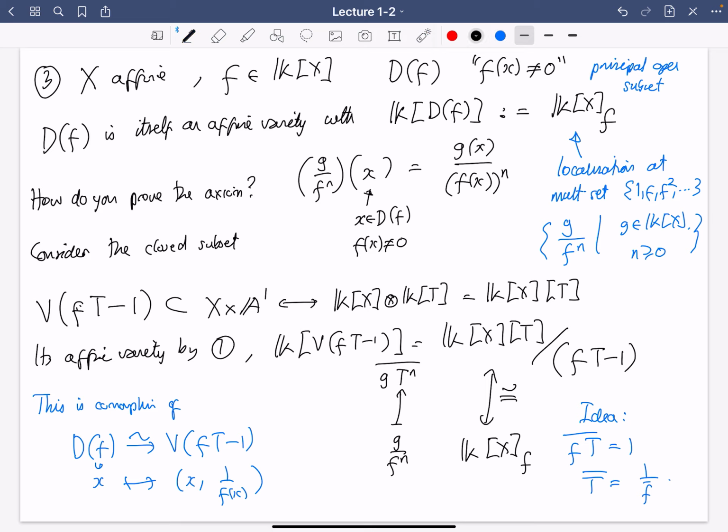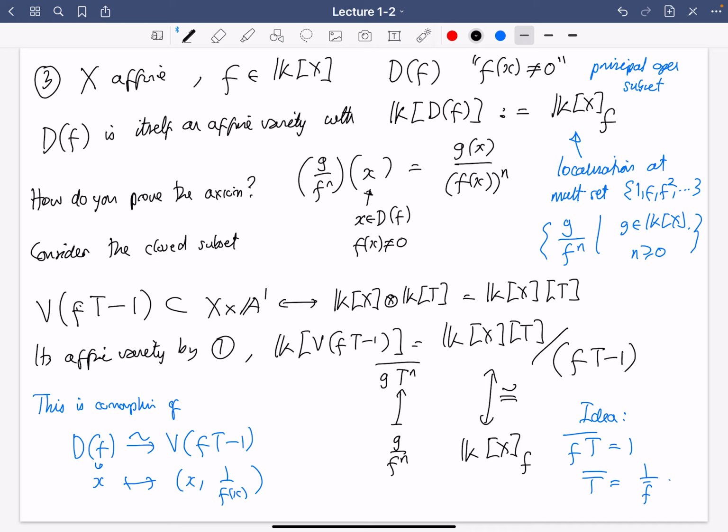Okay, great. So that's my 3 constructions: closed subsets, Cartesian product, and principal open subsets. We've explained how to make all of those into affine varieties in their own right. The last one is probably the most interesting one. It works perfectly for principal open subsets, but in general, if you want to make more general open subsets of an affine variety into an affine variety, well, you're not going to succeed.